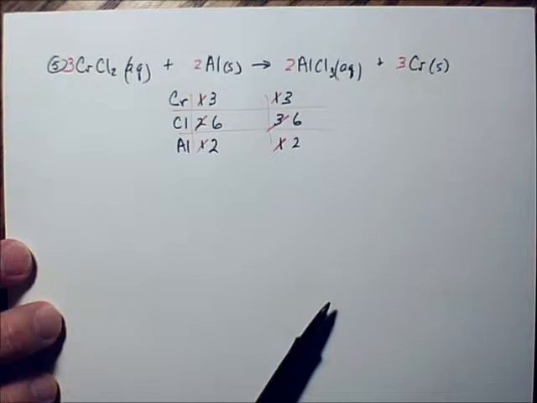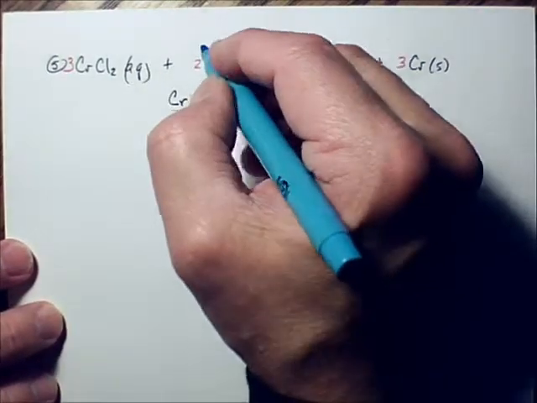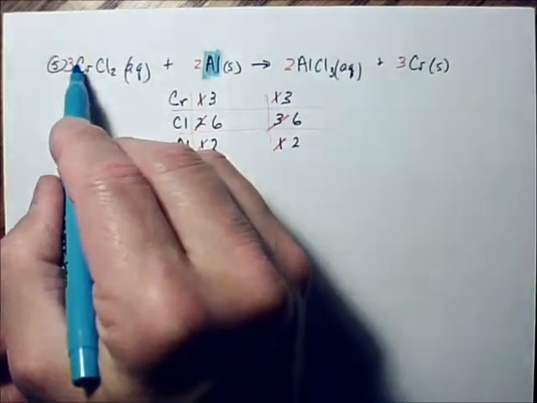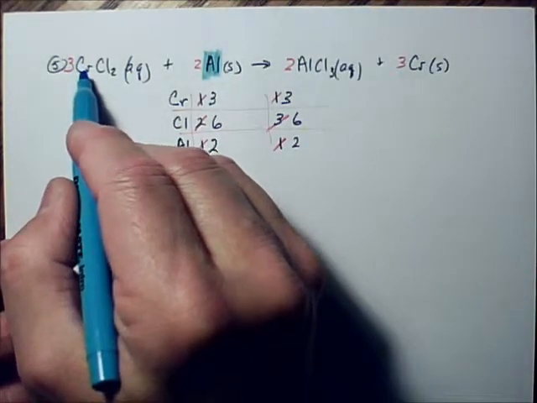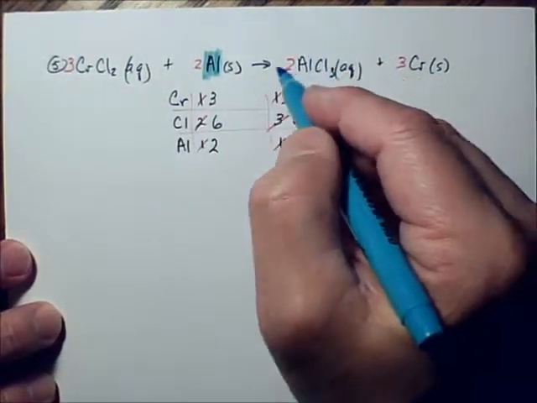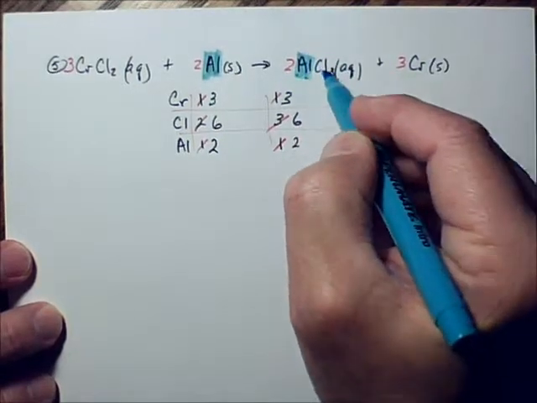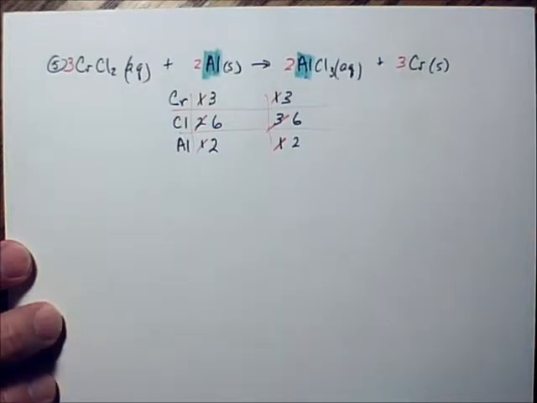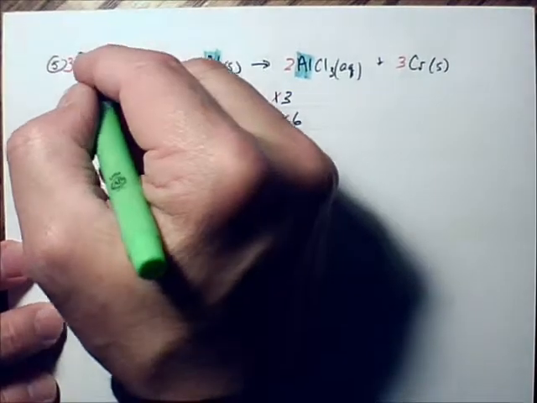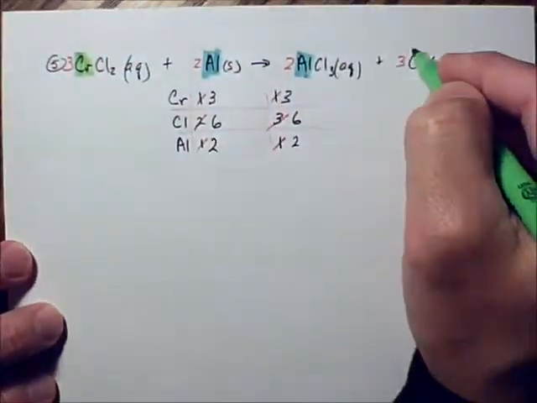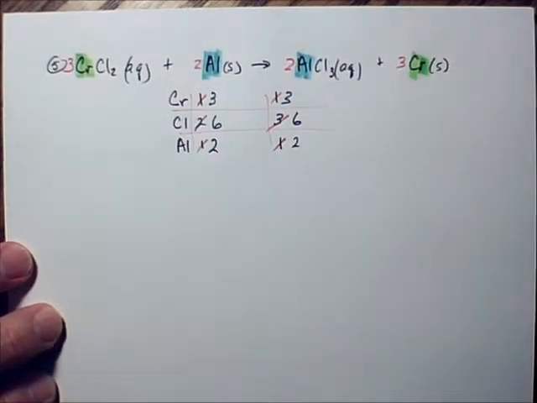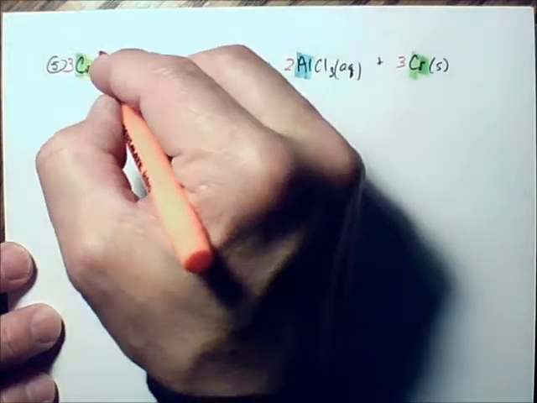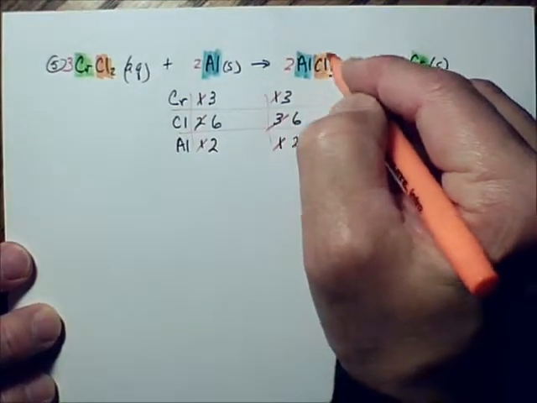Okay, what I have here is an element that's by itself that goes over and displaces another element and joins up then with the rest of that compound. The chromium goes from being in a compound to being by itself, and the chlorine has switched partners. It started out with the chromium, and it's ended up with the aluminum.